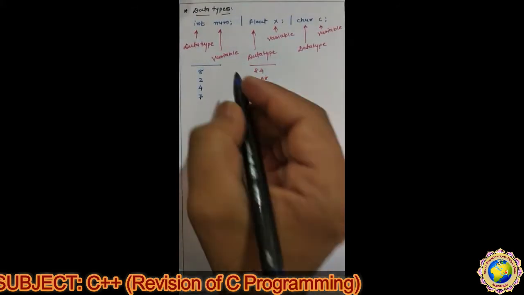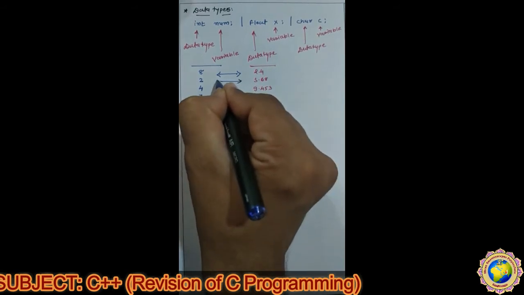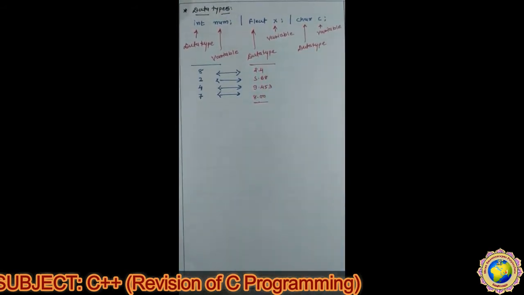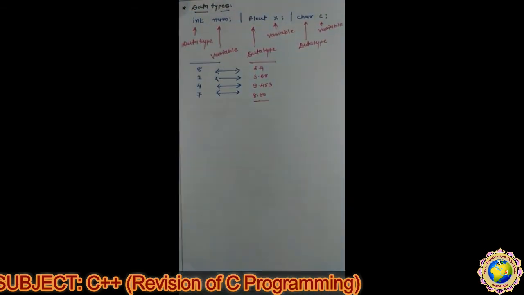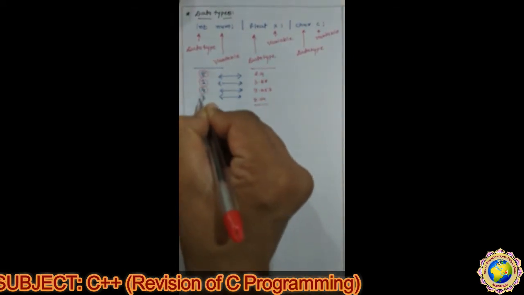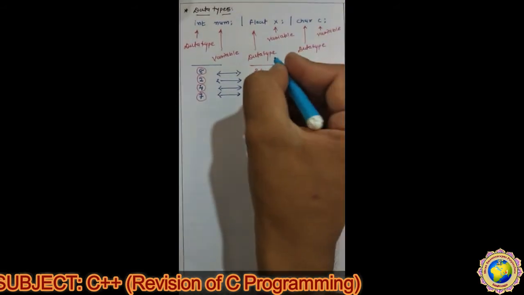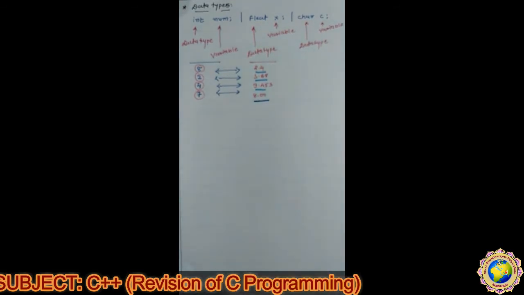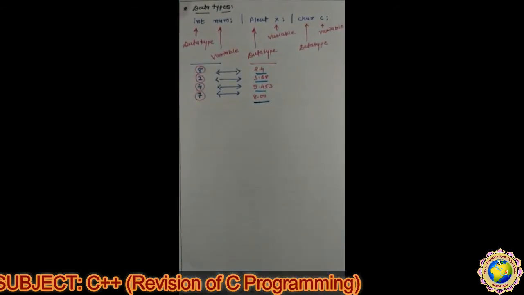So that is the difference between the numeric value and the real value. It means that in the integer you can store the numeric value and in the float you can store the value with the point. So this is the concept of data type.